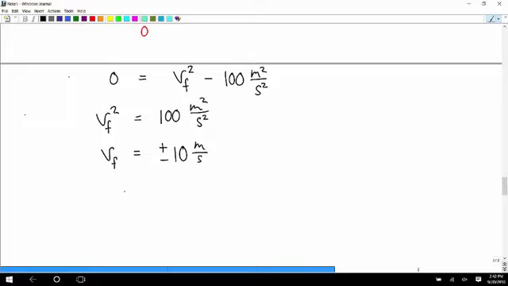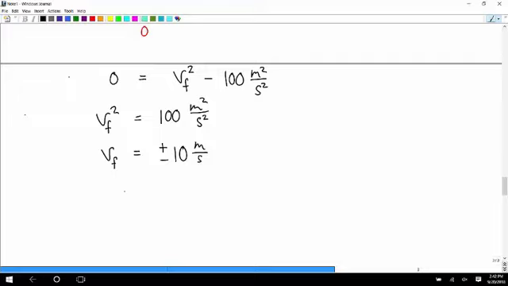So what's happening is it's saying when the thing is at 3 meters high, it either has a positive velocity of 10 meters per second or a negative velocity of negative 10 meters per second.